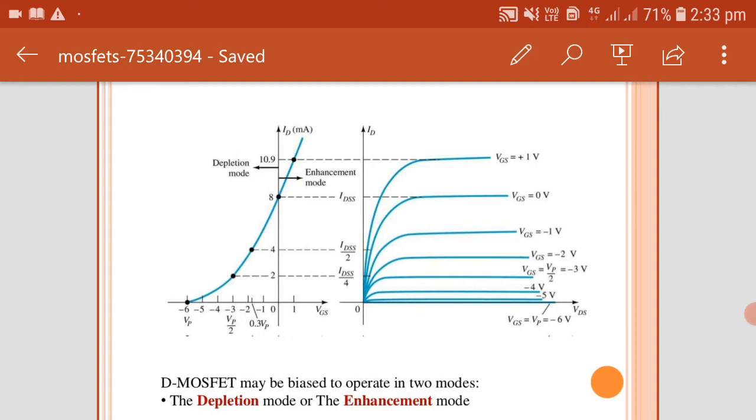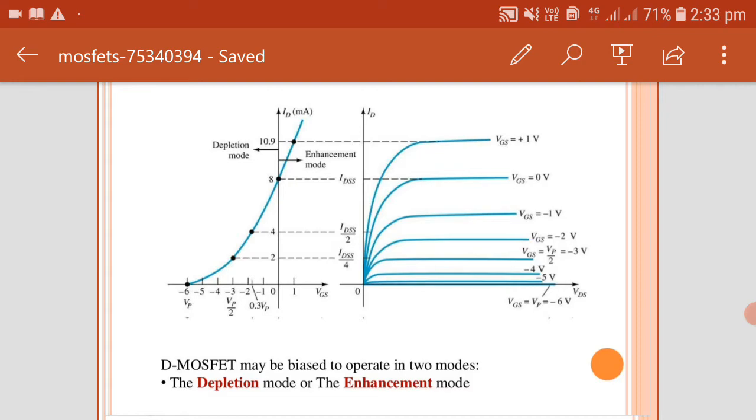The ID drain current versus VDS drain to source voltage: VDS is on the x-axis and on the y-axis there is the drain current at a constant gate to source voltage VGS. The D MOSFET may be biased to operate in the depletion mode or the enhancement mode.